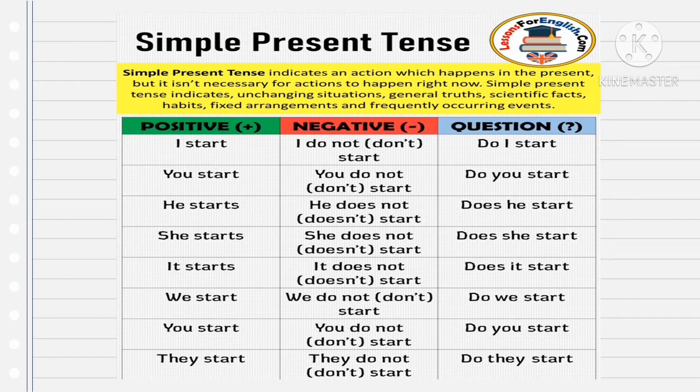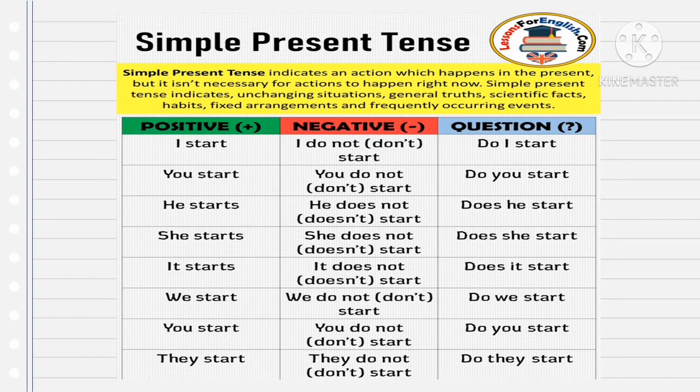Sa mga previous examples natin under zero conditional, ang ginamit lahat natin doon is simple present tense. Okay? For example, pag positive, affirmative, negative, and then question. I start.